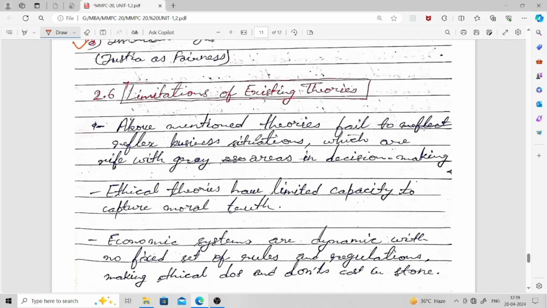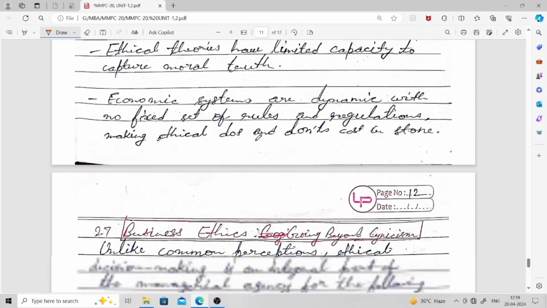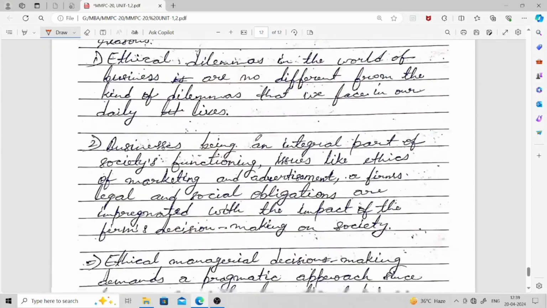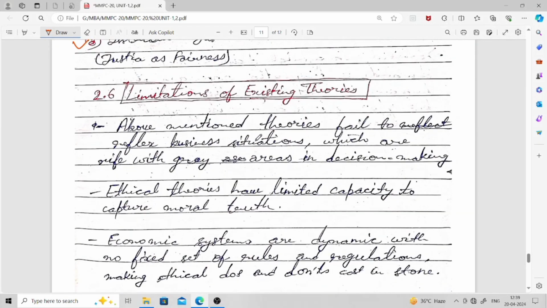Limitations of existing theories. So what are the different limitations? That's what we are going to talk about. The above mentioned theories fail to reflect business situations which are rife with gray areas in decision making. Whatever ethical theories exist currently fail to reflect business situations, because business situations are very complex.